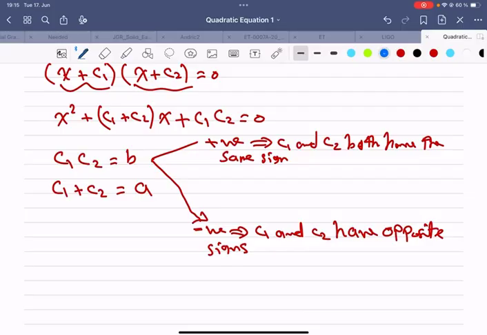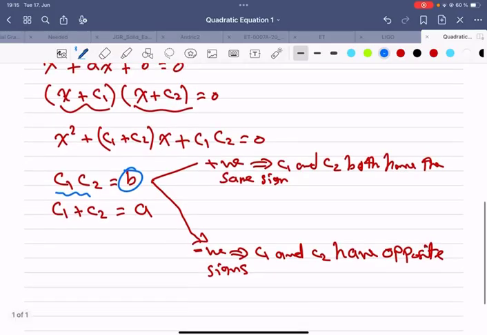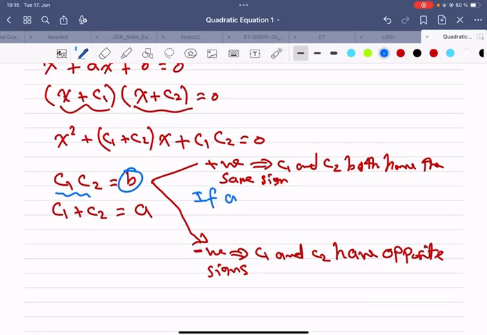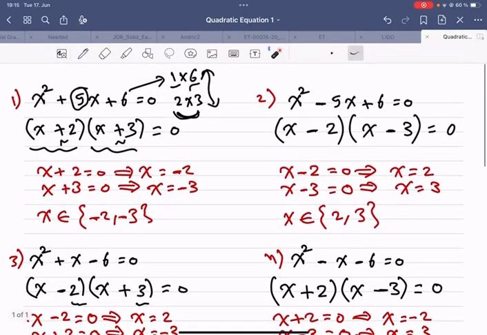Now we say that c1 multiplied by c2 equals b. If b is positive, c1 and c2 both have the same sign. So here, if a is positive, in this case it means that c1 and c2 are positive. And this is the same as here. This is positive and this is positive, both positive.